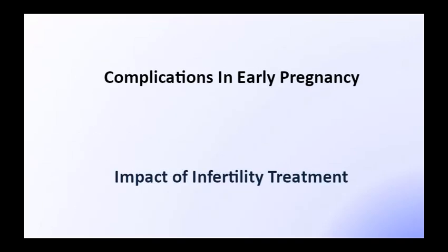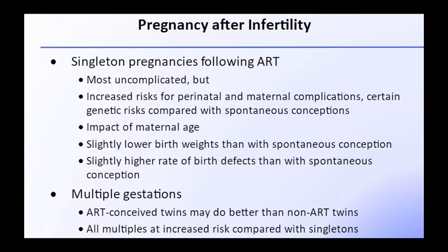Let's talk about some of the complications that may occur in early pregnancy. Some studies have shown that singleton conceptions with ART treatments, such as IVF and intracytoplasmic sperm injection, have slightly higher rates of adverse pregnancy outcomes. A 2007 report from the National Institute of Child Health and Human Development noted that although the vast majority of singleton ART pregnancies are uncomplicated, the rates for nearly all perinatal and maternal complications and certain genetic risks are higher than for spontaneously conceived singleton gestations.